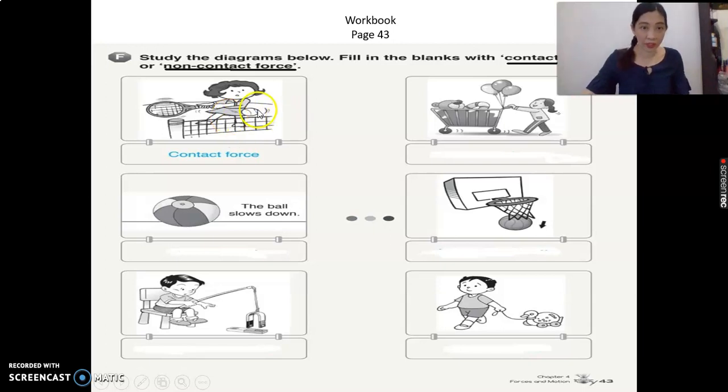Is this contact force or non-contact force? This one, the ball is slowing down. This is frictional. Then this one, magnet. Number 5 is magnet. And number 6 is toy.